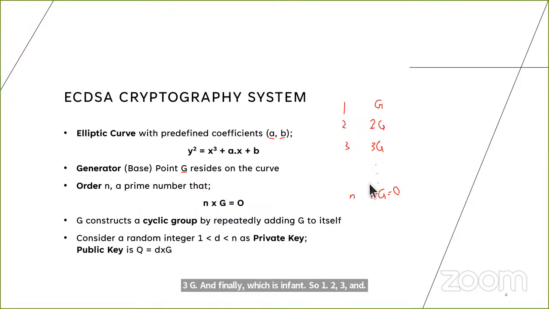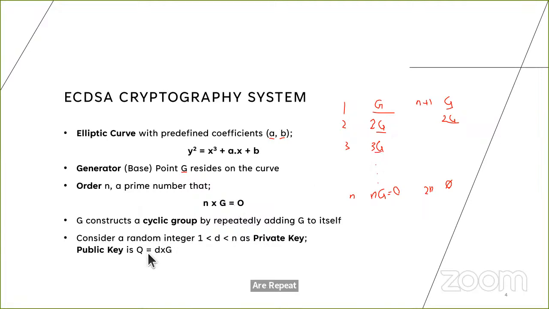After that, (n+1)G would be G, (n+2)G would be 2G, and again n plus n, which is 2n, G is again infinity. So that means that these points are repeated, and we say that G can generate a cyclic group. This is basically the main feature of G, that it can construct a cyclic group.